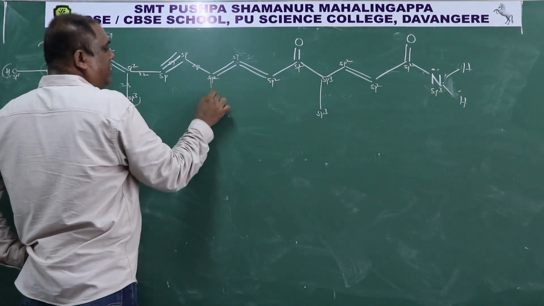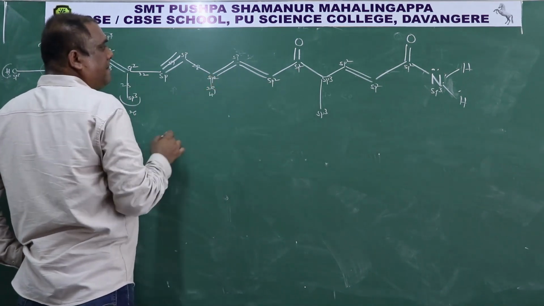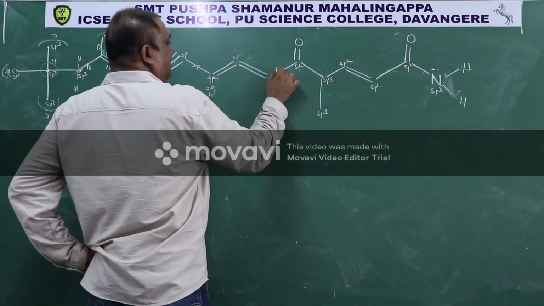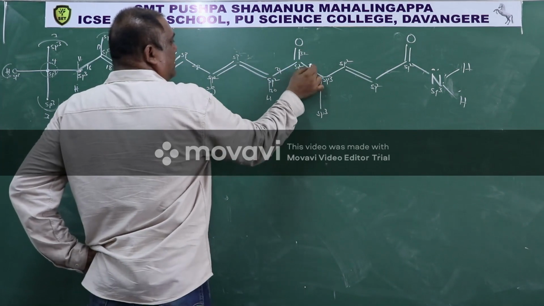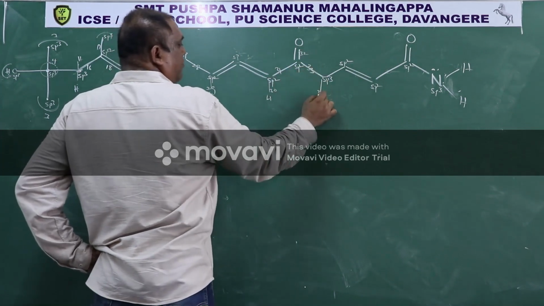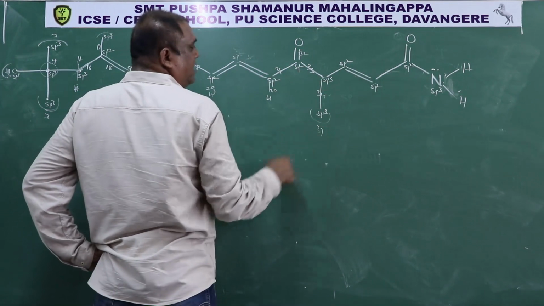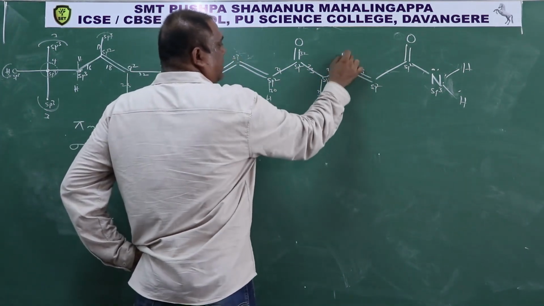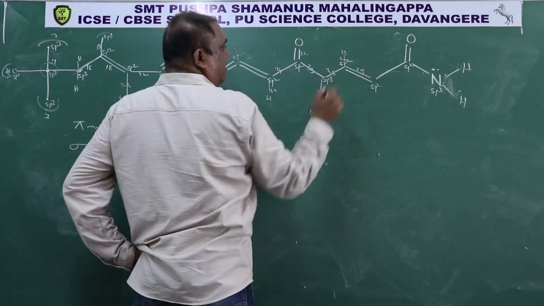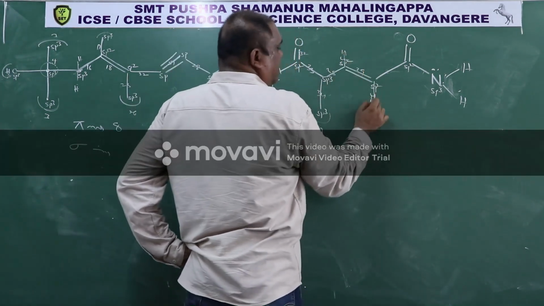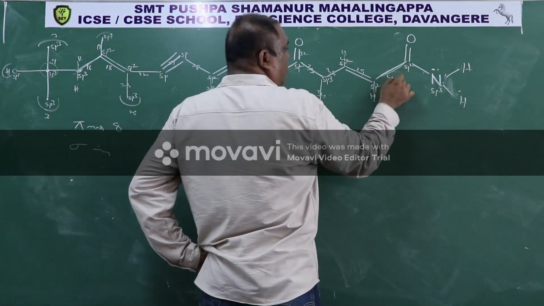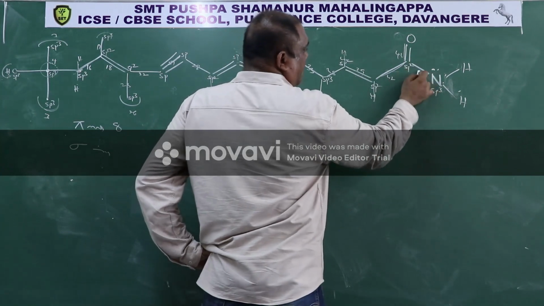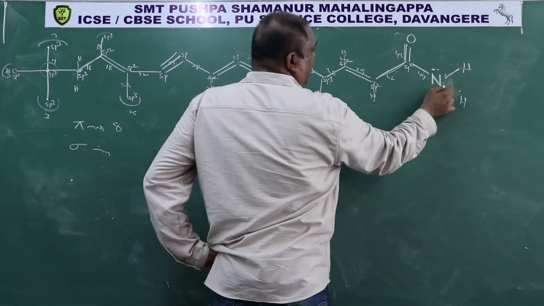Then one bond with hydrogen, 29. Here one bond with hydrogen, 30, 31, 32, 33, 34, plus 3 is 37, 38, 39. Then here with hydrogen 40, with hydrogen 41, then 42, 43, 44, 45, 46.